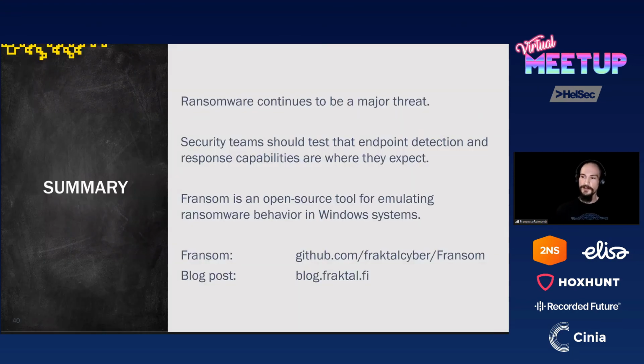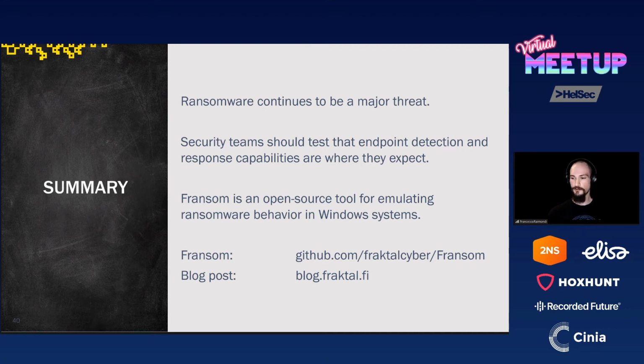So what are the major key takeaways from all the things that we discussed? Ransomware attacks continue to pose a major threat for organizations, and the number of this type of attacks is not going to decrease anytime soon, unfortunately. Security teams responsible for the overall security of an organization should focus their tests on the detection and response capabilities in order to be prepared when this type of attacks happen in real life.